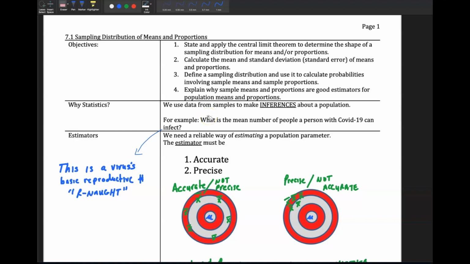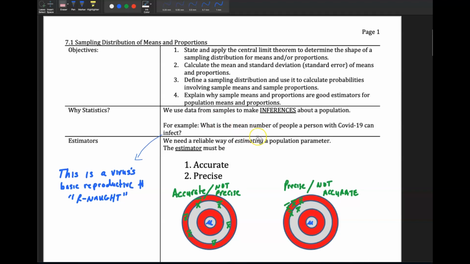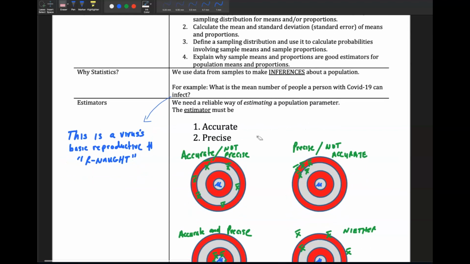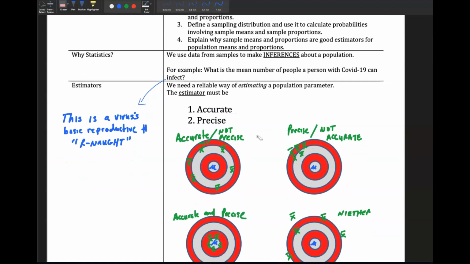So a question to think about: what is the mean number of people a person with COVID-19 can infect? That's a legitimate question nowadays, thinking about if someone is sick, how many people would they actually infect? That value is called R0 in the real world, and really is the virus's basic reproductive number.